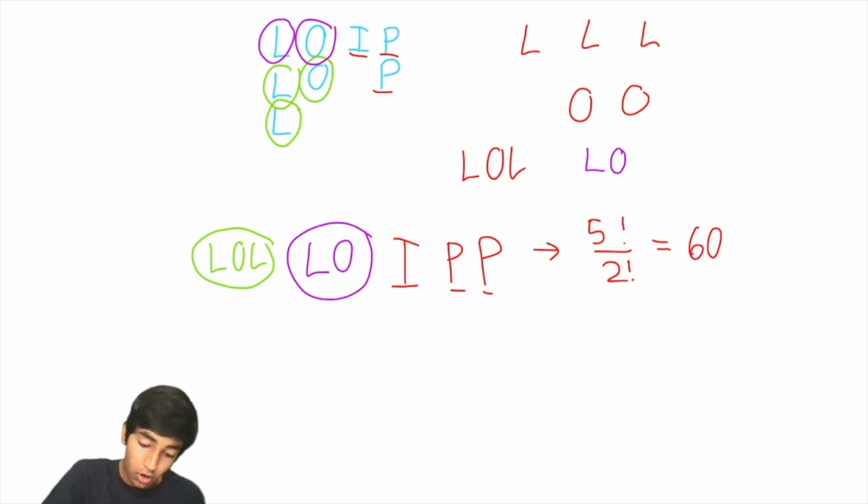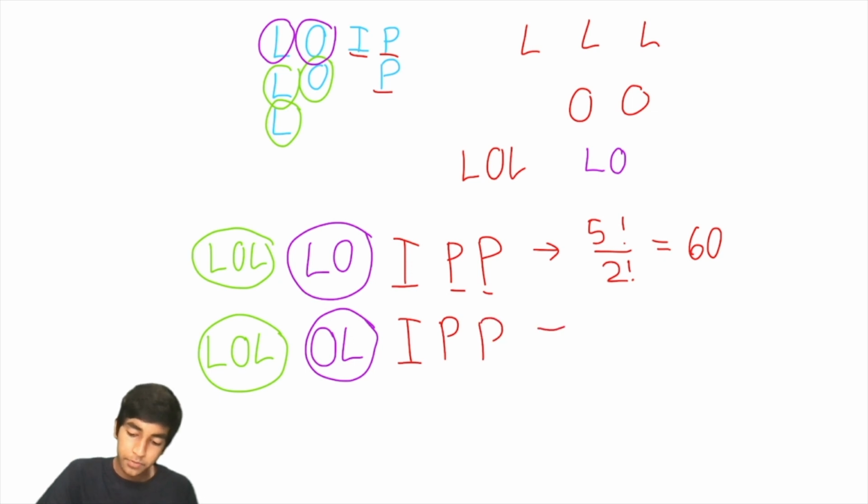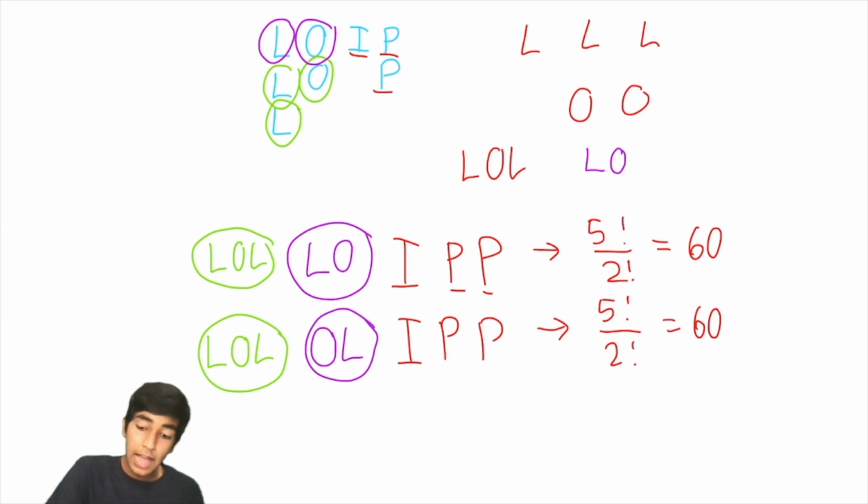But this has LO as LO. What if it's OL? LOL is still one group, but what if this part is now OL? And then there's, of course, I, P, P still to be rearranged. It's the exact same thing. 5 factorial over 2 factorial, 60. But notice that LOL only has one arrangement. It's symmetric.